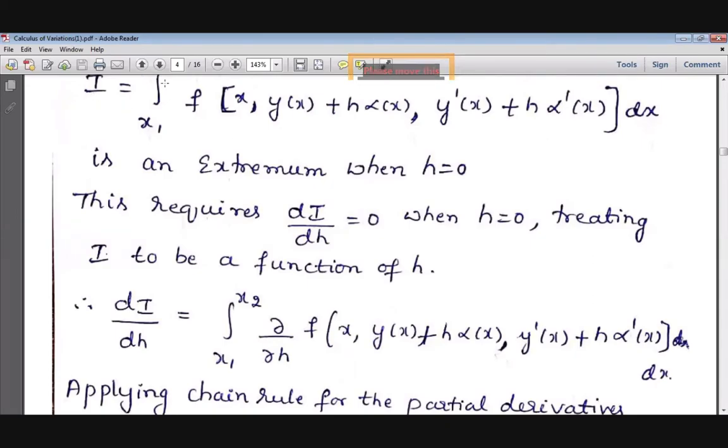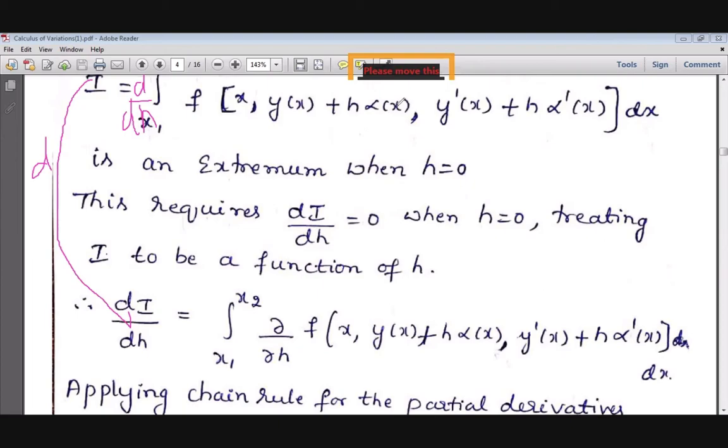I need to differentiate this. I can't take only one side. I have to take differentiation on both sides. So dI by dh, then here also d by dh. Okay, correct, right?